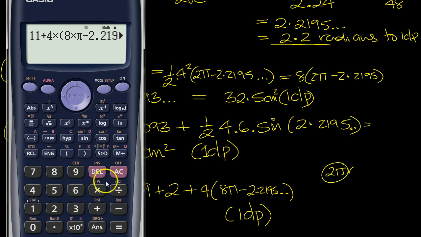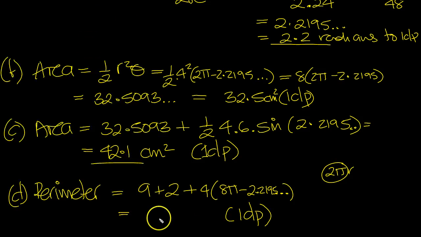Equals 27.2547, which is 27.3, to 1 decimal place. That's better.